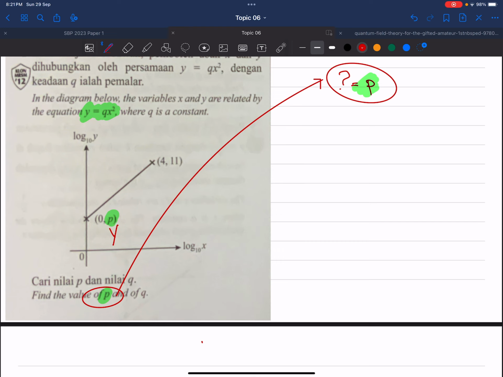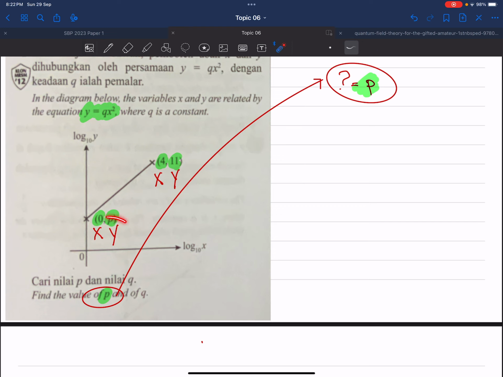And I label as capital Y because we are doing linear law. So the first coordinate, 0, must be capital X. And this point, 0p, is connected to another point of 4, 11, which we also label as capital X, capital Y.